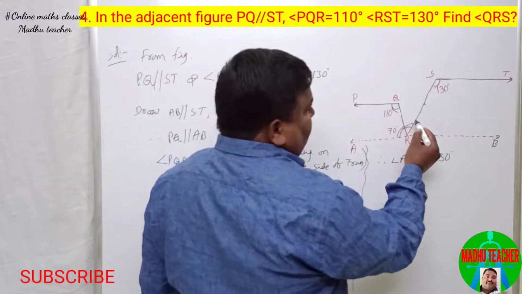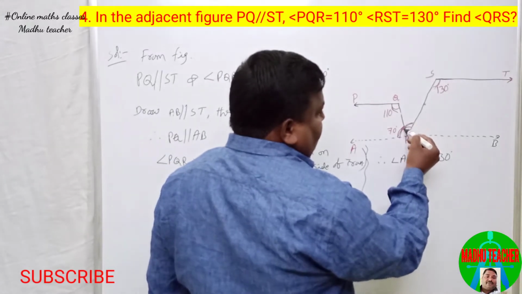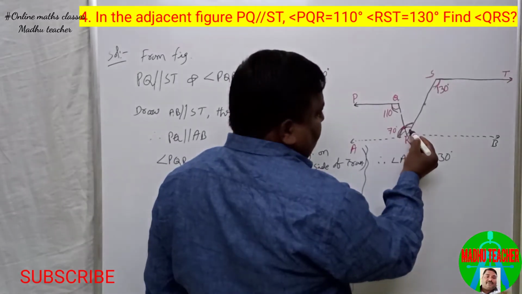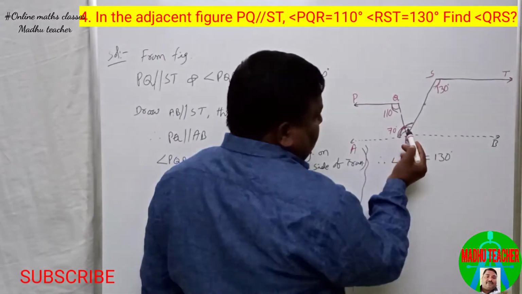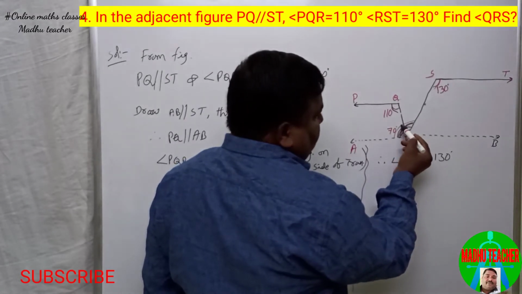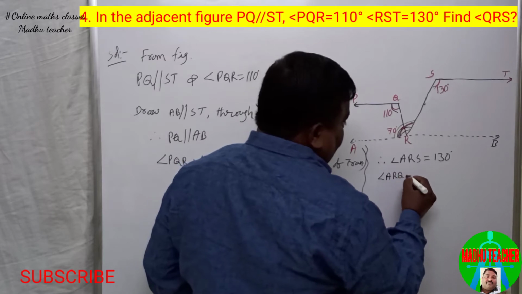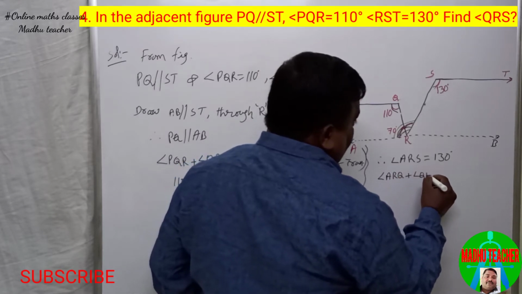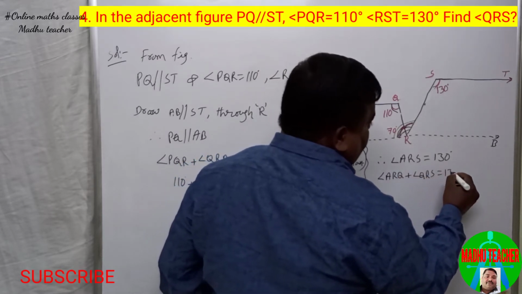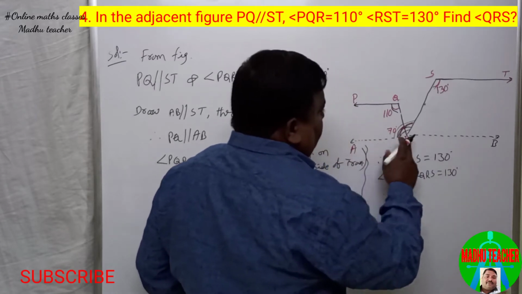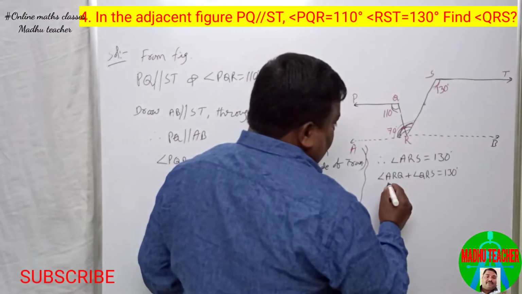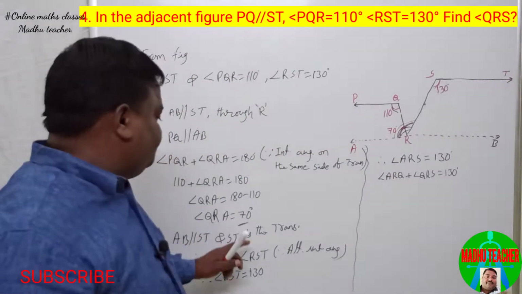This total angle is 130 degrees. This angle we can write as the sum of these two angles, so angle ARQ plus angle QRS equals 130 degrees. ARQ we already found, that is 70 degrees.